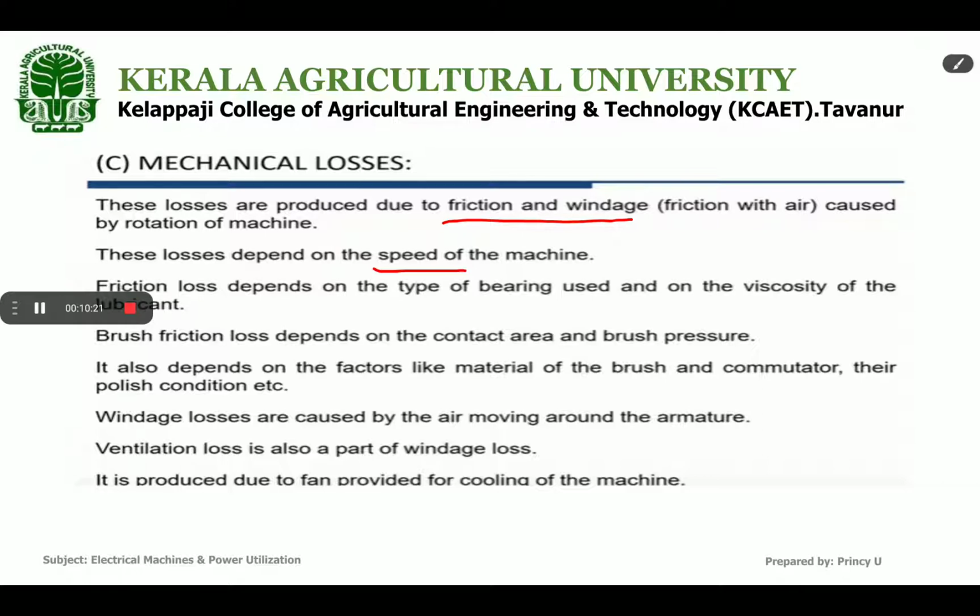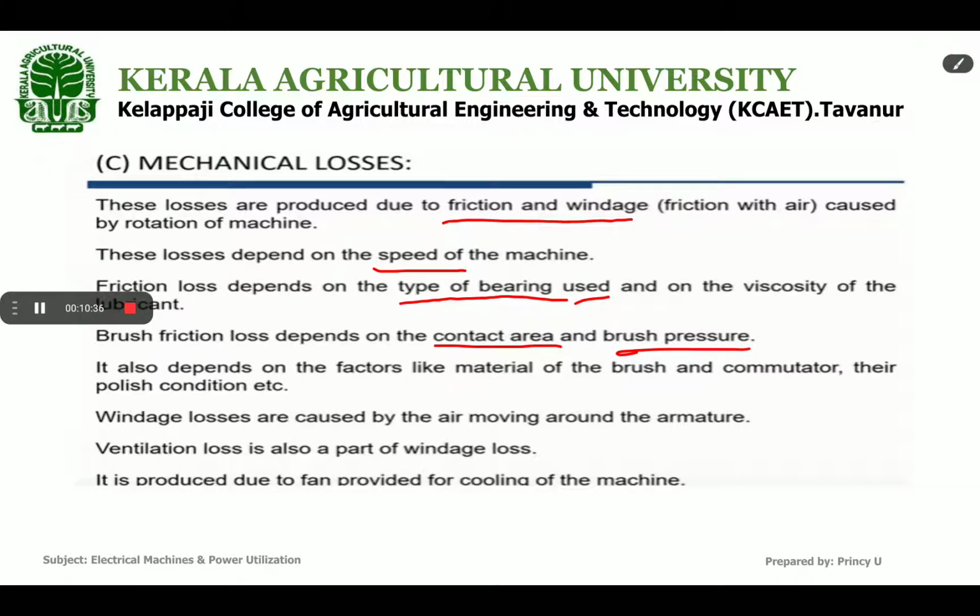Friction loss depends on the type of bearing used and on the viscosity of the lubricant. Brush friction loss depends on the contact area and brush pressure.